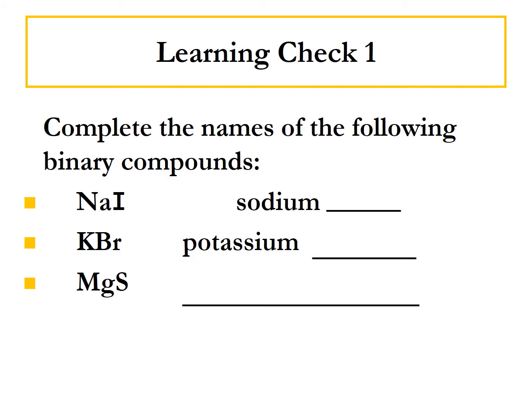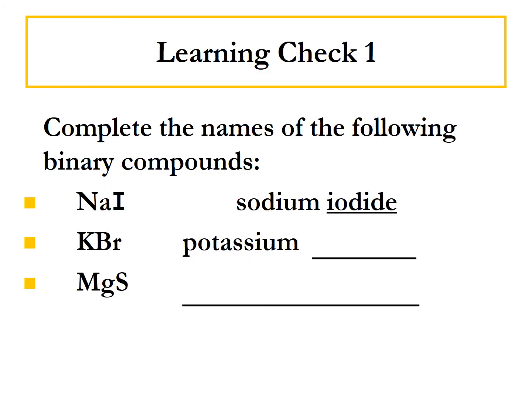In the first example, sodium and iodine are bonded together. You change the name of the iodine to iodide, but otherwise the name stays sodium, and then it becomes sodium iodide.